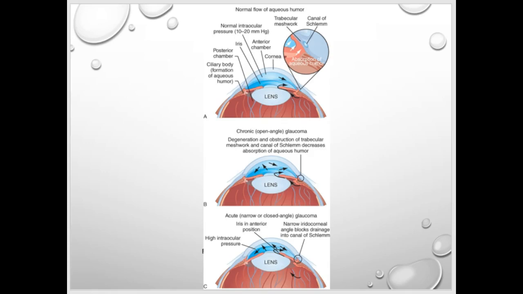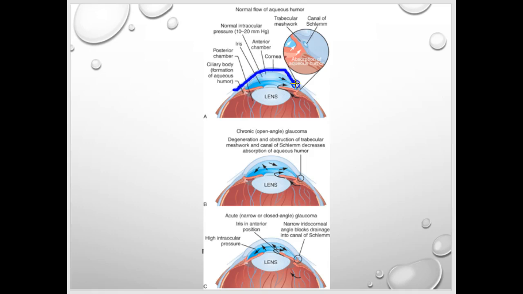Okay, here's a picture. You don't need to know this exactly. I'm trying to decide how much I want to show you this. Okay, so we're looking at an eye as if you did a horizontal plane and cut the eye into top and bottom, right?